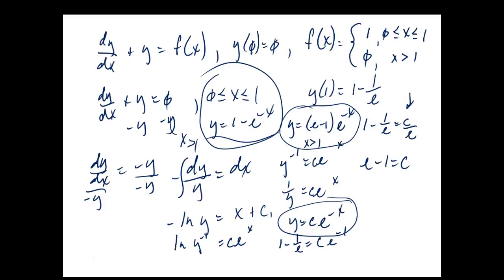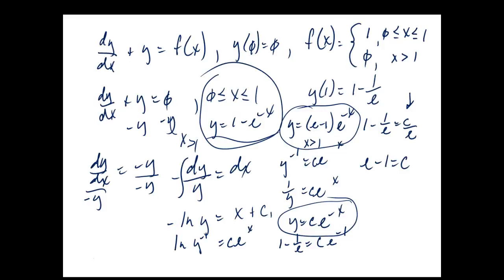Here we wanted the two pieces of the y, even though f was a piecewise defined function, which was discontinuous, we wanted y to be continuous. Now, it's still piecewise defined, but we wanted it to have the same value at 1 here as it did at 1 here.